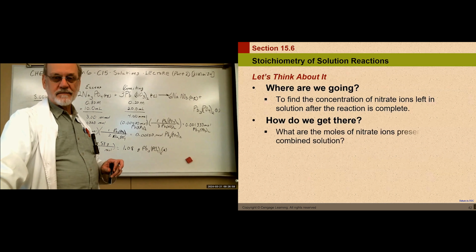Nitrate is what we refer to as a spectator ion. In other words, it does not participate in the reaction. The reaction is between phosphate and lead. Nitrate and sodium are both spectators. Right? 0.27. Actually, we have 3 significant figures.